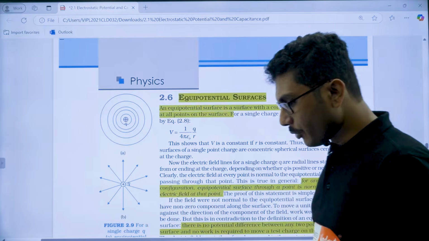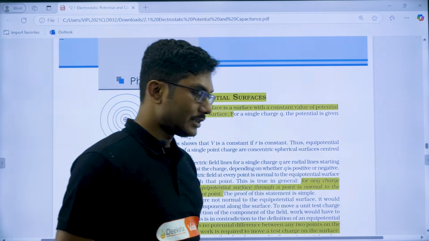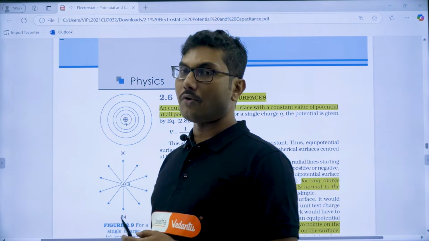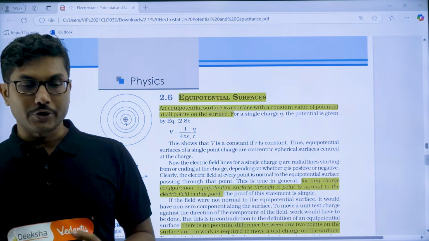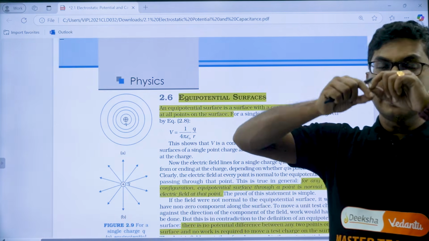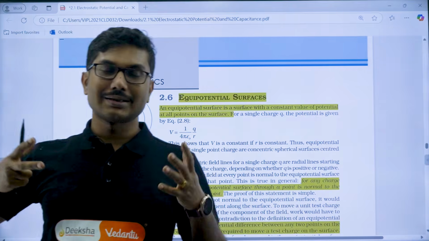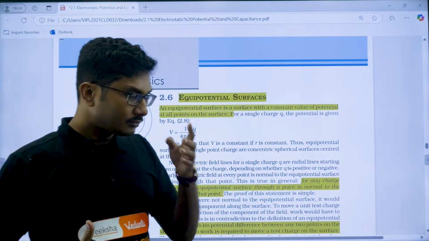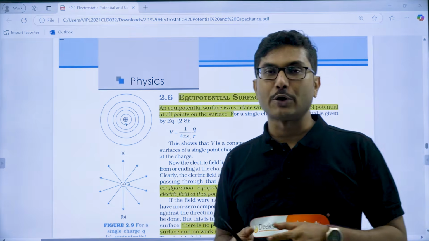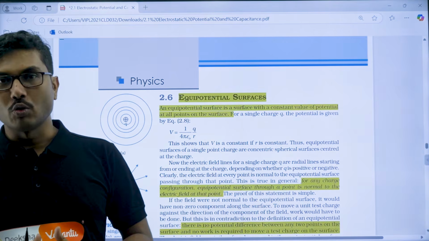Now, another important concept from this chapter: equipotential surface. What is an equipotential surface? It is the locus of all the points having the same potential. What is the meaning of locus? Locus means if you join, using a line or a circle or a sphere or a continuous surface, all the points having the same value of potential, then that plane or line is called the locus.